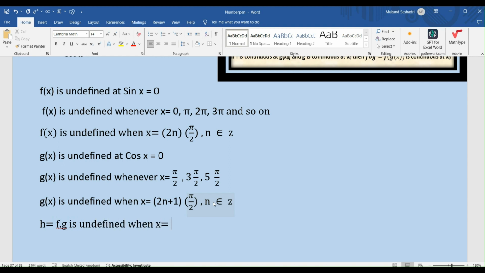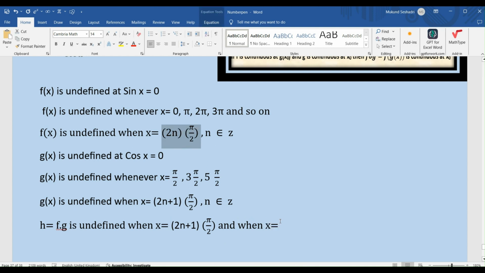When x equals 2n plus 1 times pi by 2, and when x equals 2n times pi by 2, right? And again, n belongs to Z here. So this is what it is.